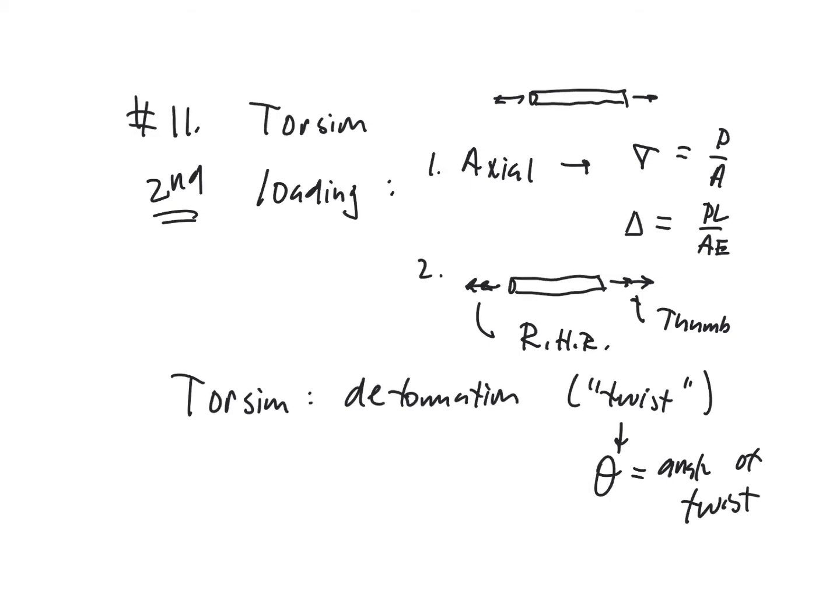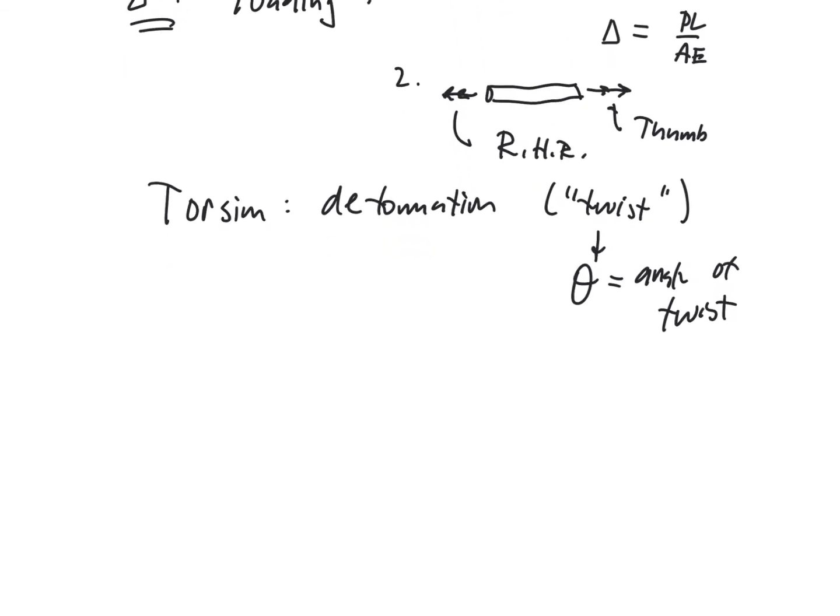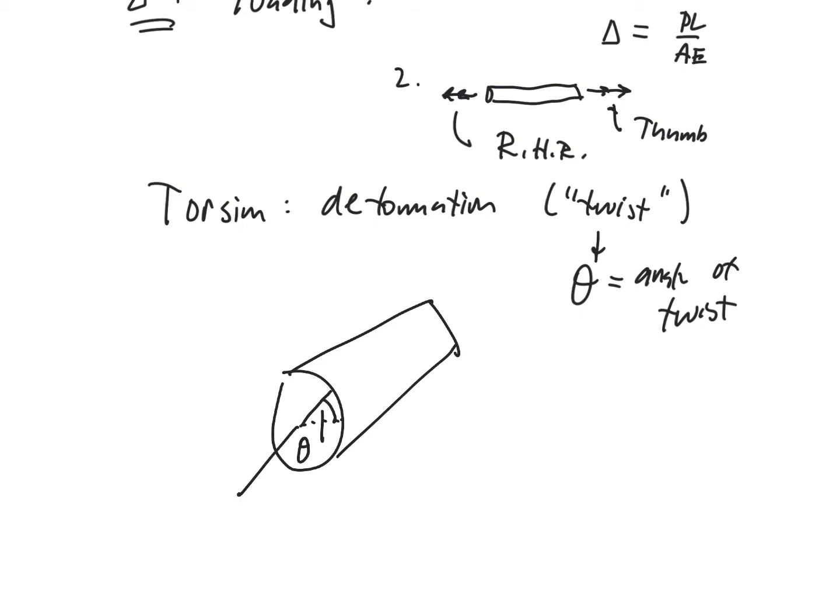And that is actually the displacement that we care about. So if we've got a particular section like so, and a straight line was originally like this, and it moves this way, that's typically the theta that we care about. So we would be twisting it in this particular direction. It starts from the dashed line and it ends up there.